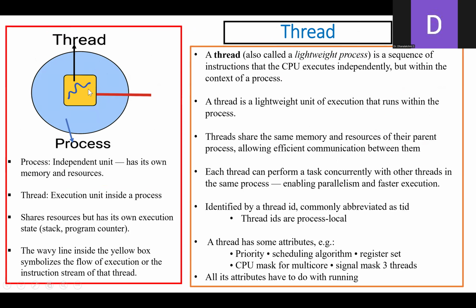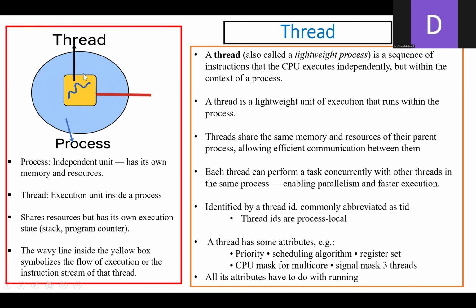It's inside the process and it shares the resources, but it has its own execution state, given by the stack and the program counter. And the wavy line here shows the flow of execution, or the instruction stream, of that particular thread.